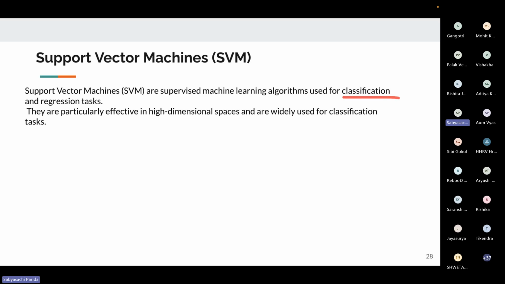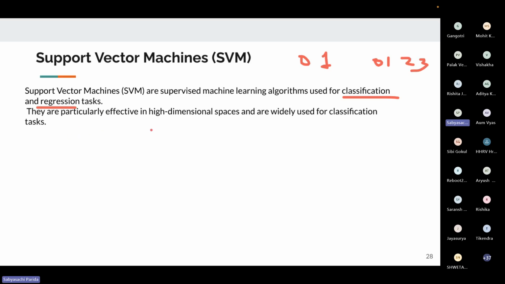If you remember, linear regression was used only for regression tasks, and logistic regression was used only for classification tasks. But SVM is a model which can be used for both classification and regression. That means it can predict either 0 or 1, or it can give a continuous variable like 0, 1, 2, 3.